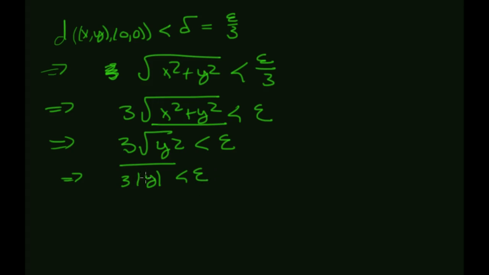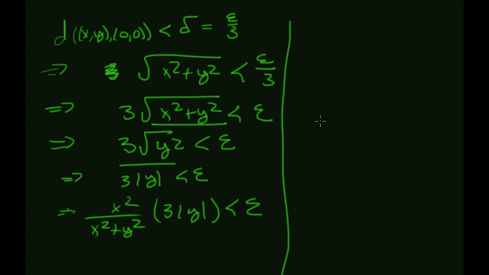It's less than epsilon. But because x squared over x squared plus y squared is less than 1, this times 3 times the absolute value of y has to be less than epsilon, which ultimately gets me to the absolute value of 3x squared y over x squared plus y squared has to be less than epsilon.